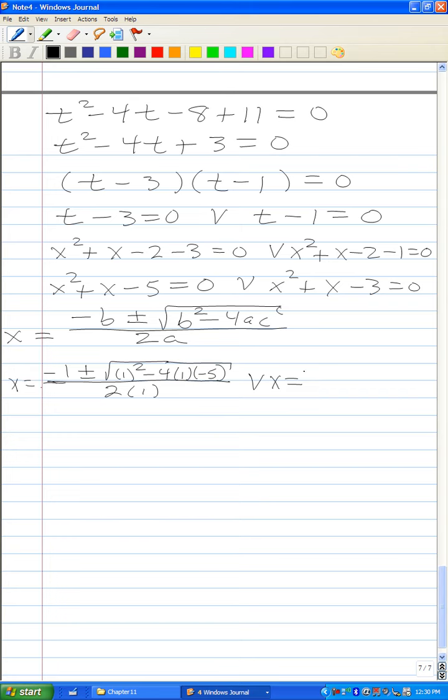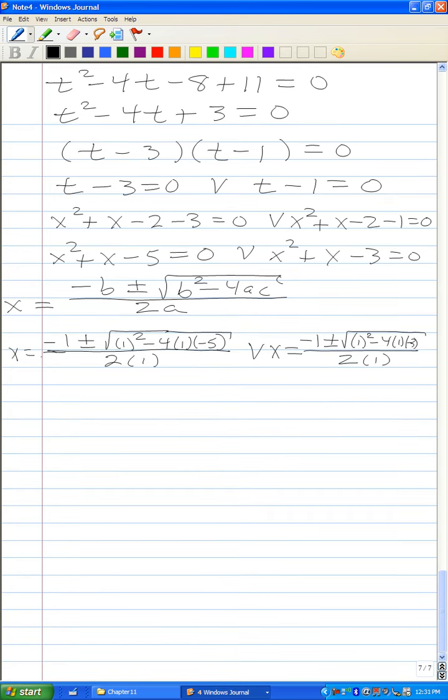So x is equal to negative b plus or minus the square root of 1 plus 20 over 2.